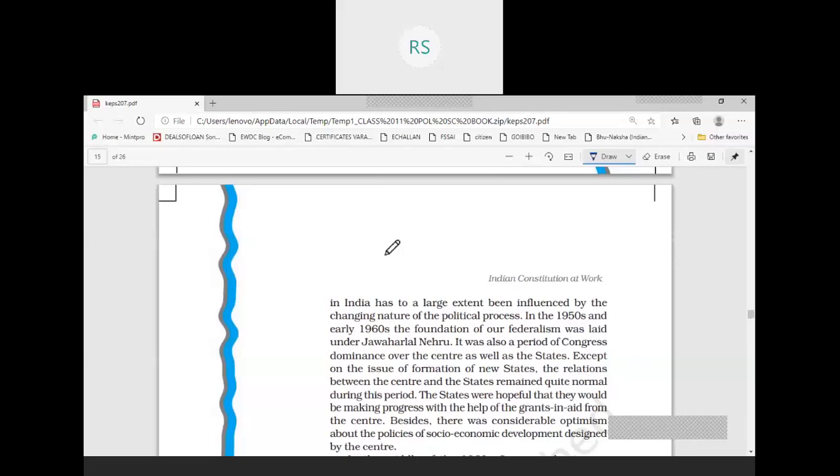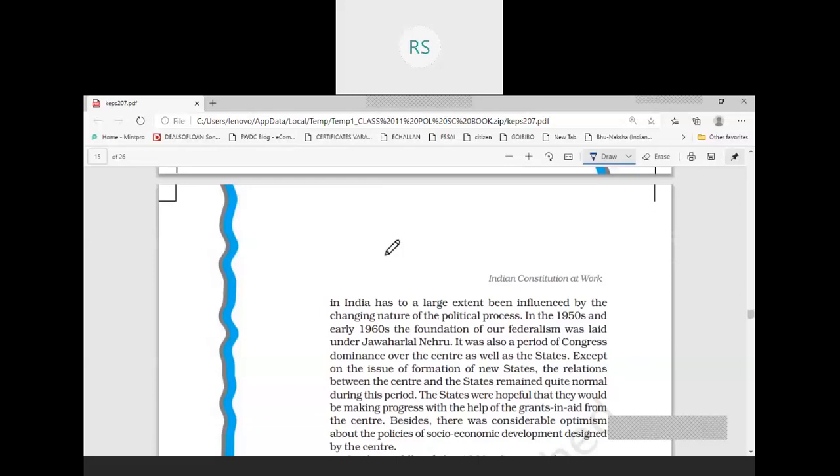So in the decade of 1950 and the decade of 1960, during these 20 years, we can say there was dominance of the Congress party only, because Congress was the only party which had such popular support and popular base, and it had the legacy of the national movement also. Because of these things, Congress was in an advantageous position and its dominance was there in the center as well as in the states.